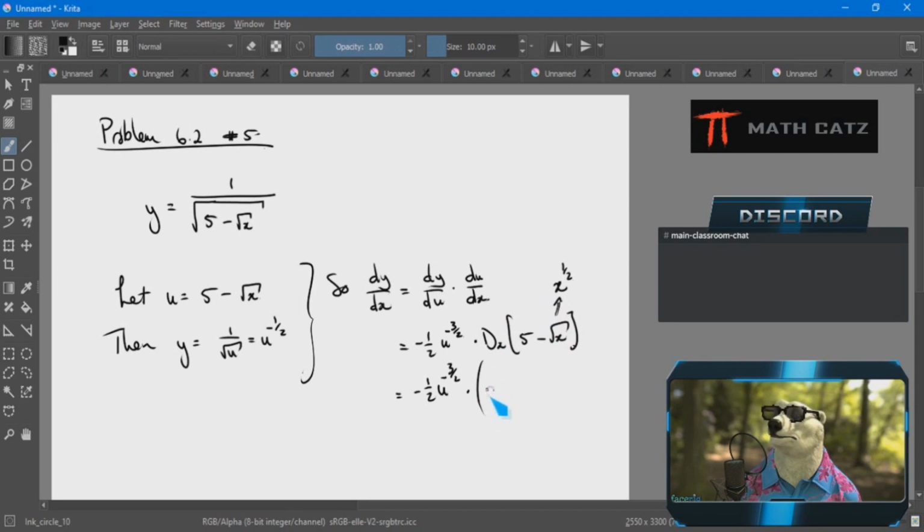I'll emphasize that it's 0 minus the derivative of x to the 1/2, which is just a power rule that I've done many times now. Now you're welcome to leave the 0, but maybe I'll clean that up a little bit. Maybe I want to write another line where I just address the 0.